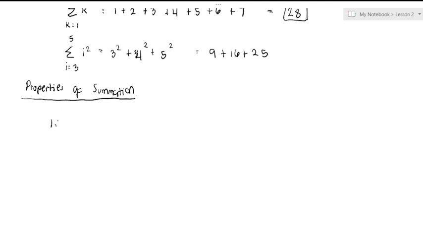Number 1, summation of C, where i goes from 1 to n. So this is equal to C times n. If you want to get the sum of summation of C from 1 to n, this is just C times n, where C is constant.